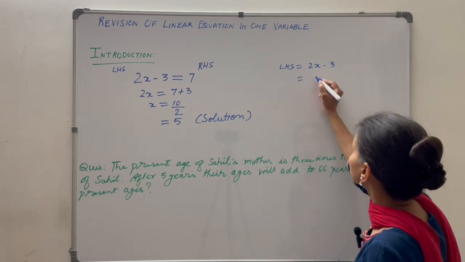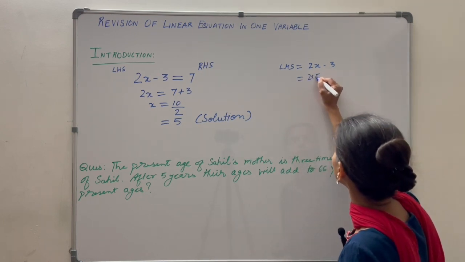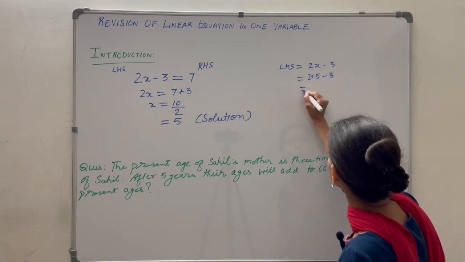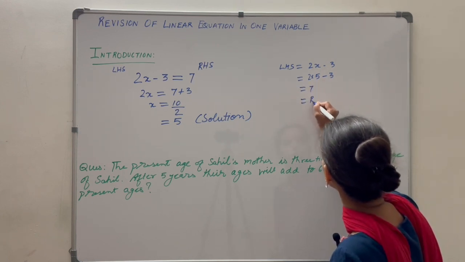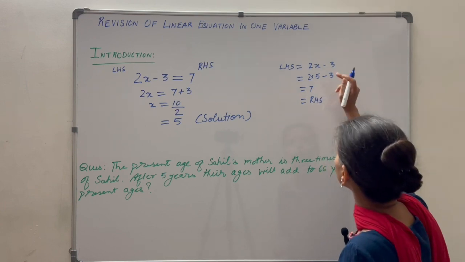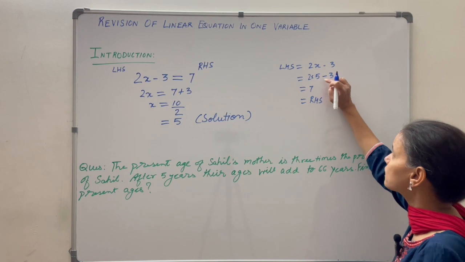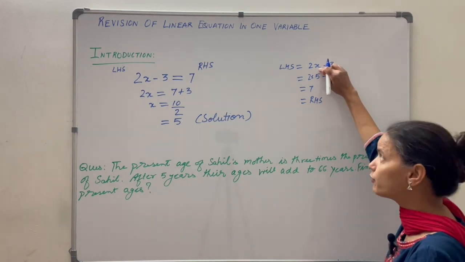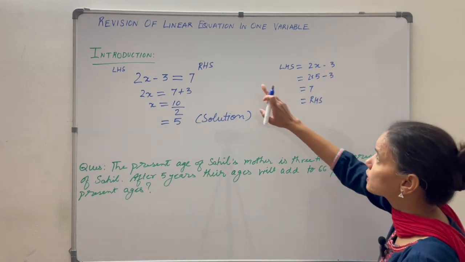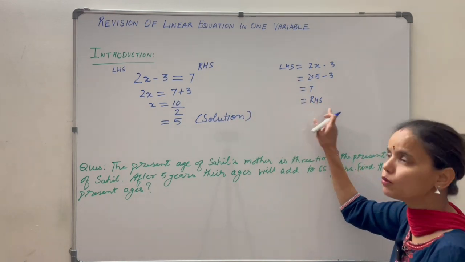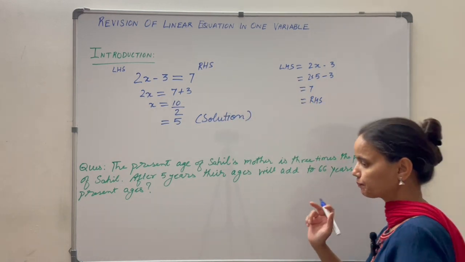If I put the value of x here as 5, what are you going to get? 10 minus 3 is 7, which is equal to the RHS. So we said 5 is the solution of the equation. Why? Because it is that value of the variable which, whenever you put it in this equation, gives left hand side equal to right hand side.